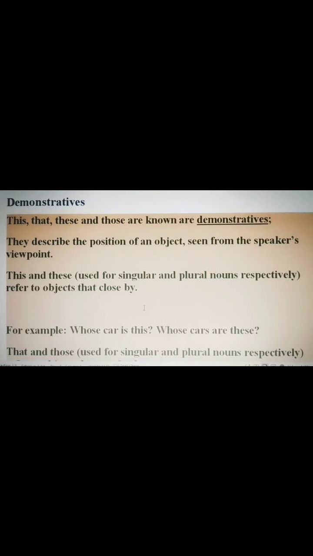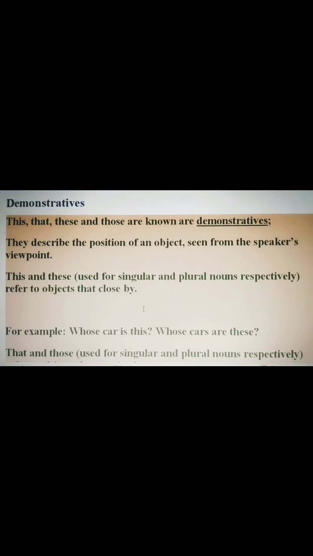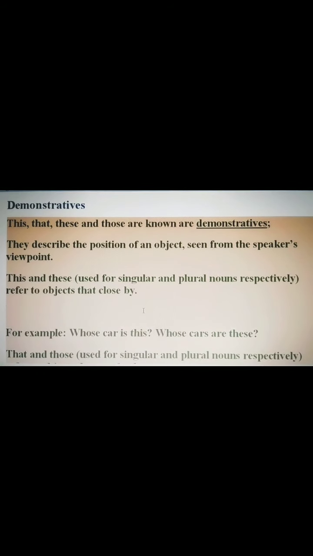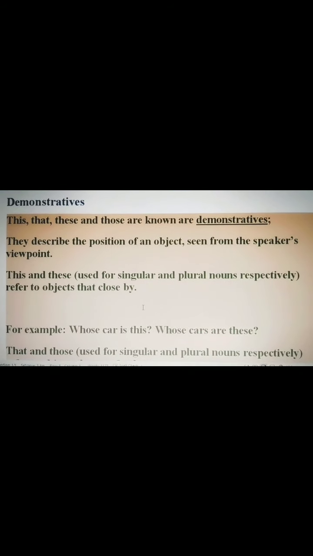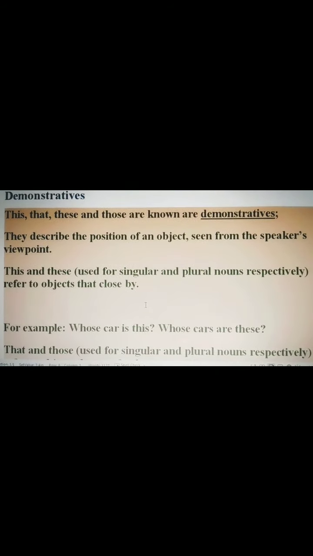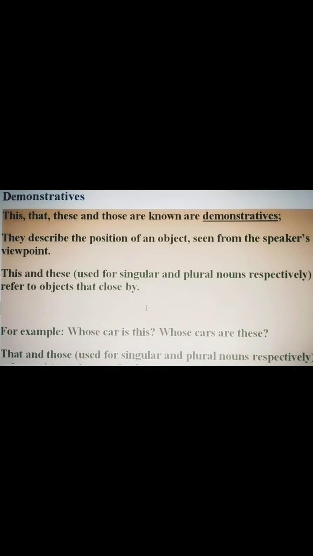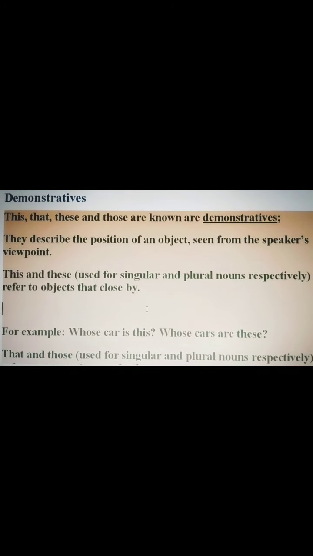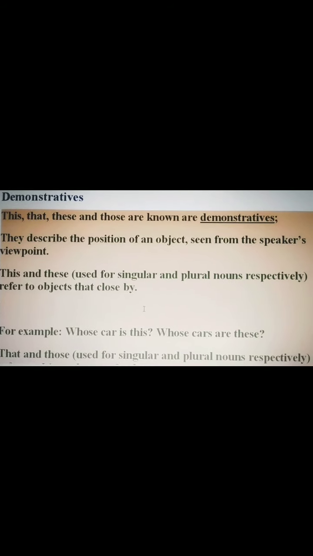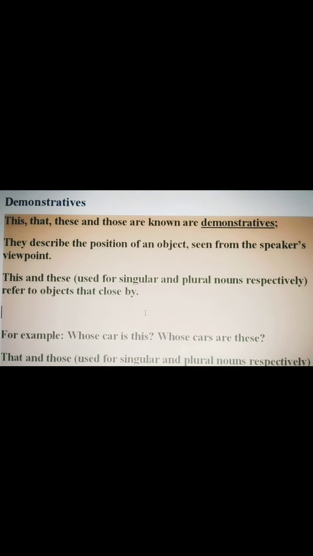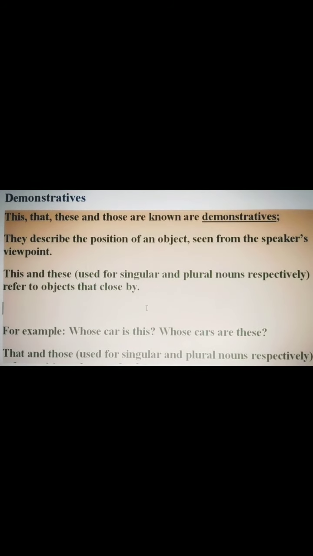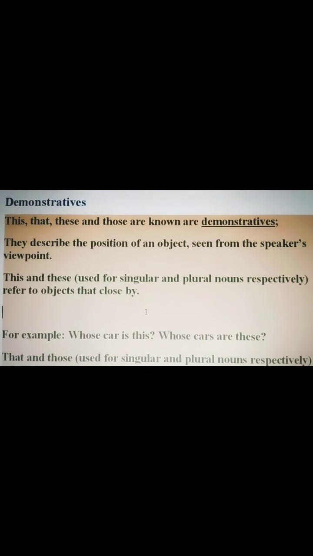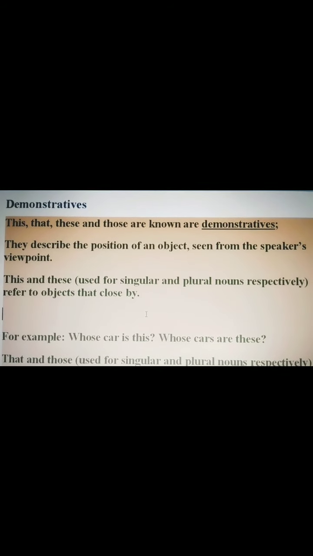This and these are used when you are referring to the object which is close by you or near to you. Example: whose car is this, or whose cars are these. So this and these uses are clear.